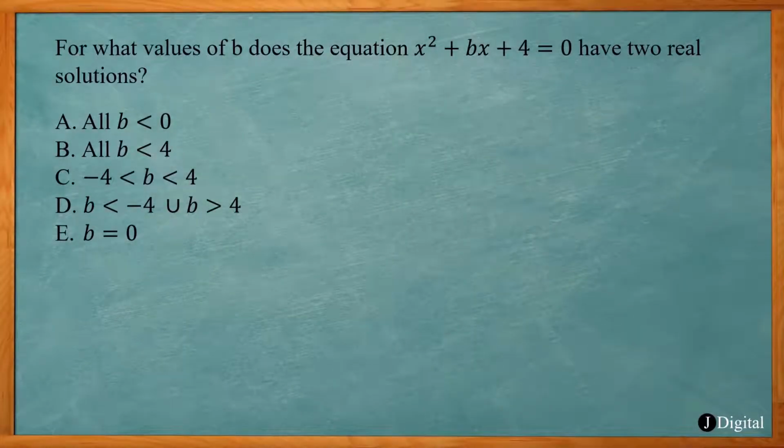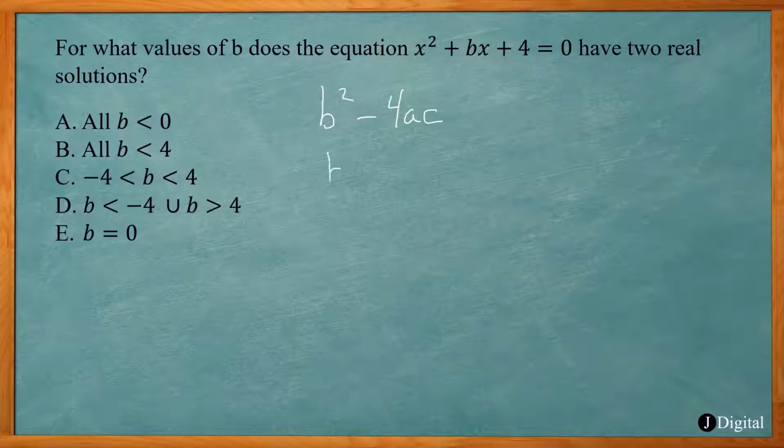This one says, for what values of b does the equation x squared plus bx plus 4 equals 0 have two real solutions? Now we can tell that this is a quadratic because it has an x squared, where 2 is the highest exponent. In this case we need to look at the discriminant, which is b squared minus 4ac.